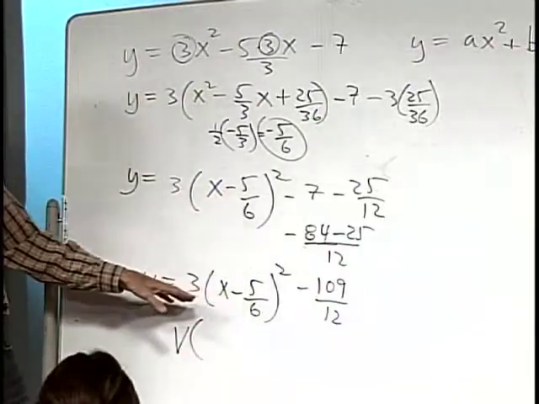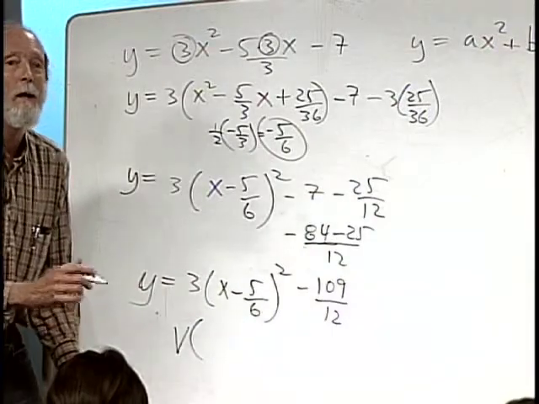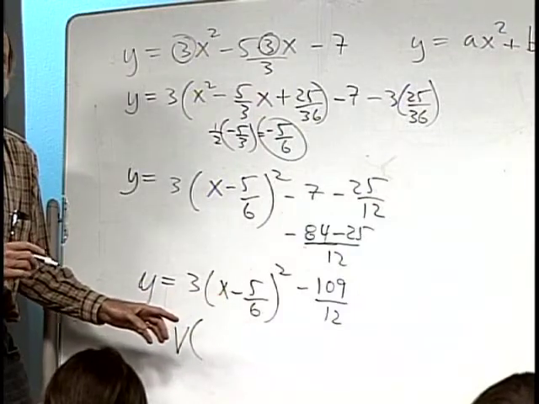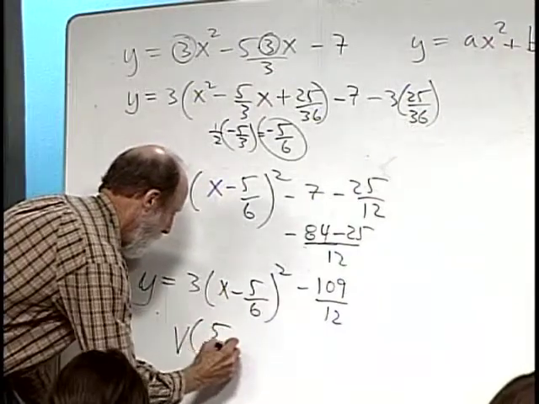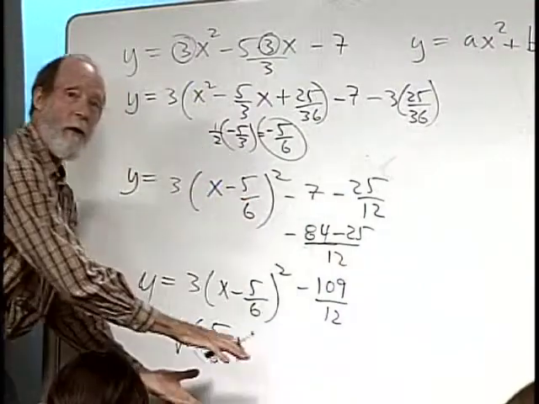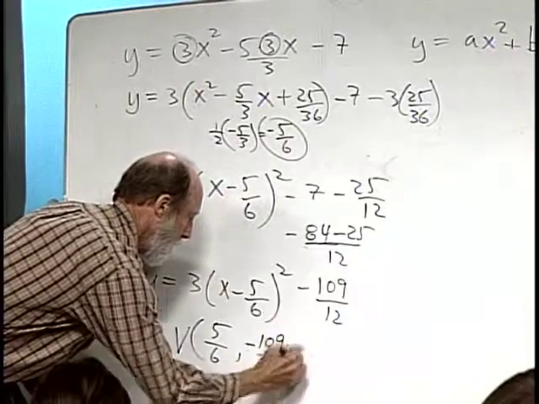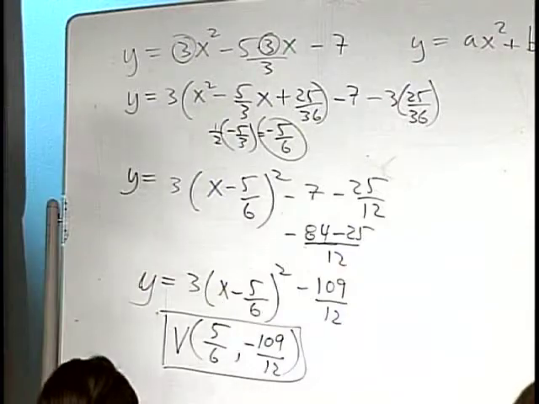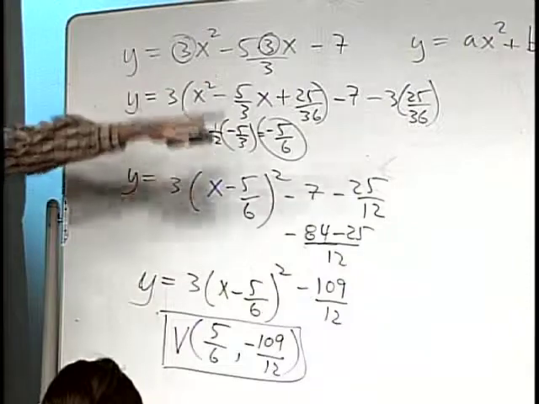Where's the vertex of this parabola? Careful. Which way is this thing shifted? To the positive 5/6, comma, and then down 109 12ths. There's your vertex.